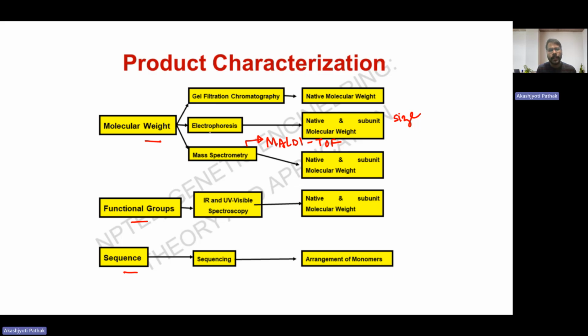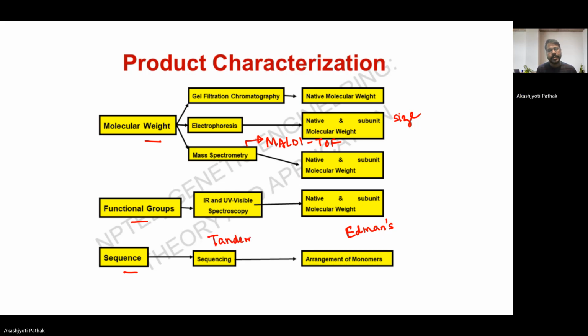Mass spectrometry can also be used for determining the amino acid sequence of a peptide. In the last class we discussed how we can use Edman degradation for determining the amino acid sequence in a protein. But other than this, we can also use mass spectrometry.